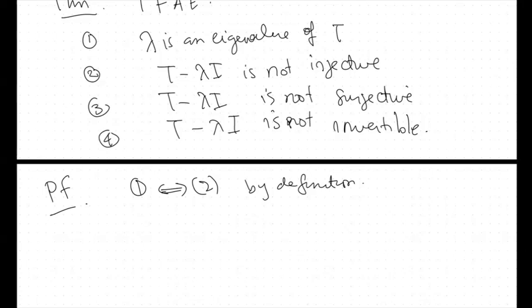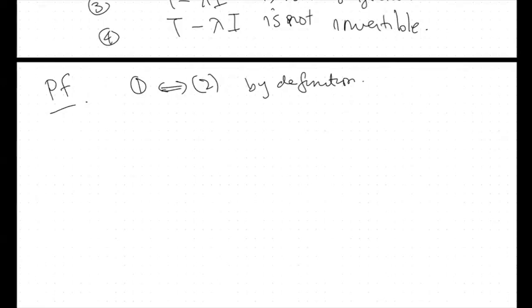So it's easy. Here I is the identity operator or identity map. Now we will define others, which follow from the previous theorem.